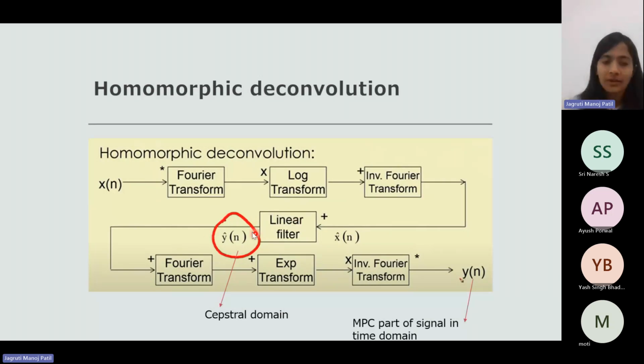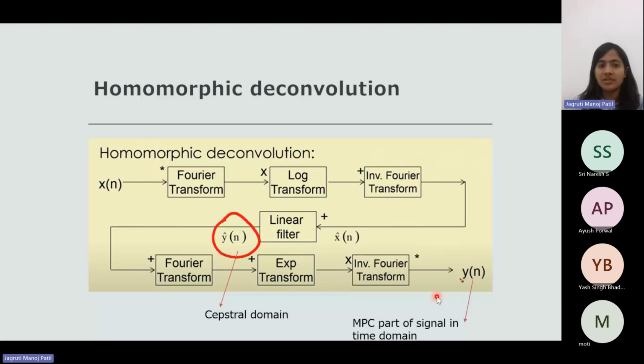The output that you receive through this filter or any basic processing is now in the cepstral domain. Now you take the Fourier transform, exponentiate the signal again, and then take the inverse Fourier transform. The output that you get over here is the minimum phase correspondent part of the signal in the time domain. So this is the way in which you can, from the cepstral domain, convert and interpret the minimum phase corresponding part of the signal.